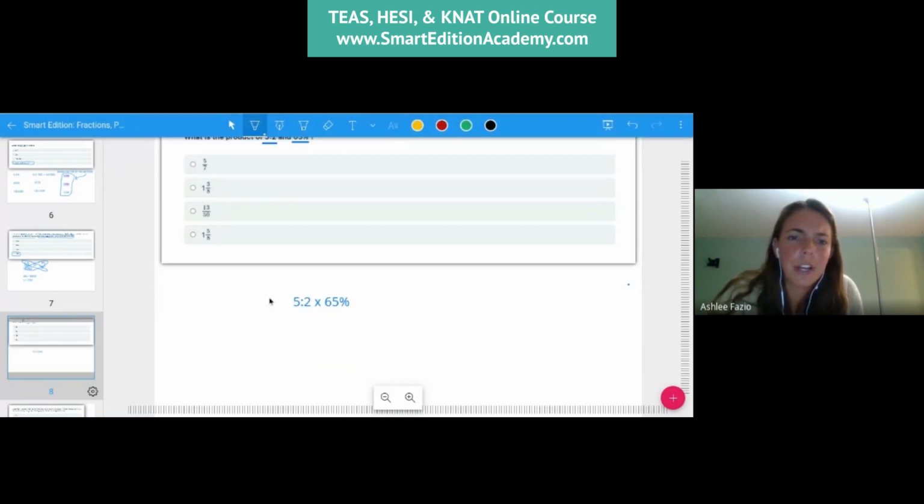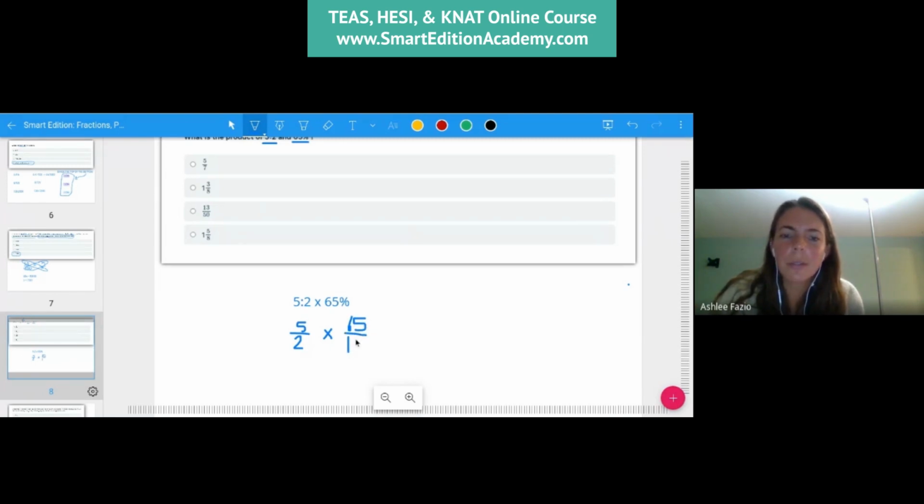So 5 to 2 can just be written as 5 over 2, right? The order is definitely important. It doesn't matter that the bigger number's on top, that is fine. And then we need to multiply this by 65%, which means 65 over 100.